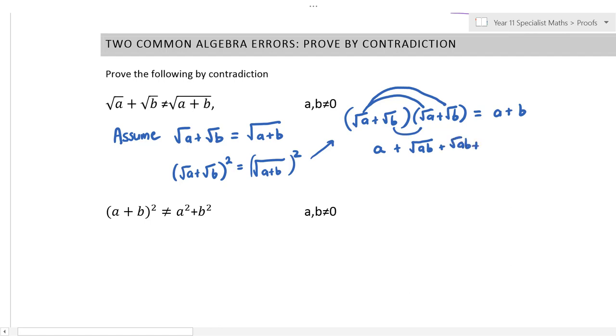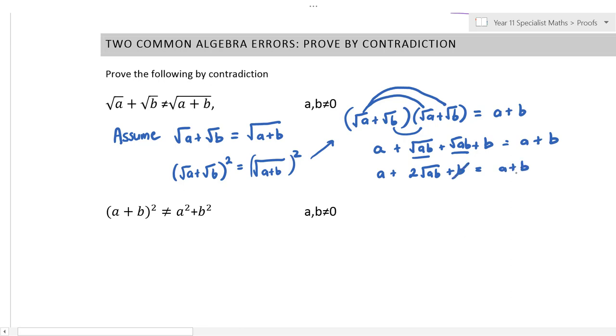And then we've got root B times root B is B. Now, there's 2 of them, isn't there? There's 2 lots of them. So we've got 2 root AB plus B is equal to A plus B.